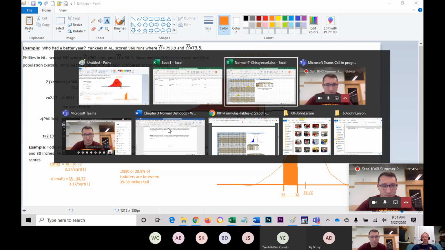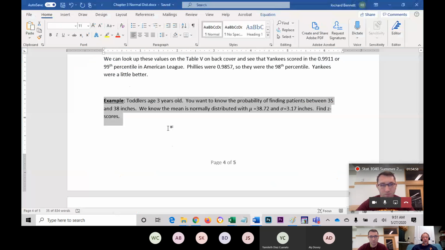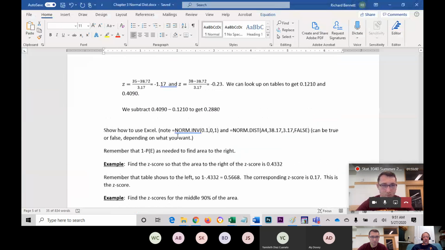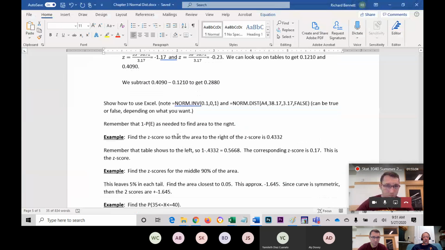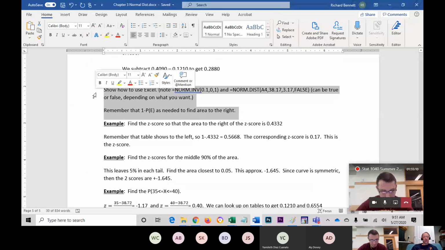So I will post the notes up. I've got a few more examples. Actually, I probably will take those out because some of these use Excel commands. I'll get rid of that.